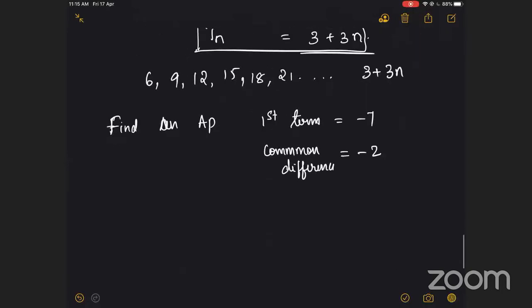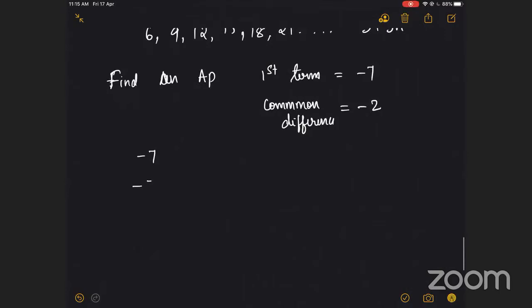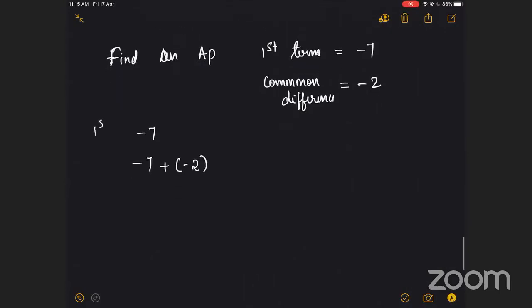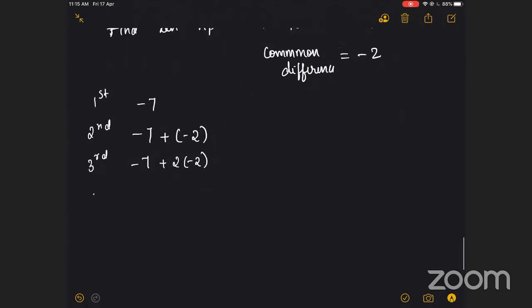So can we find the AP now? So what is the AP we should do? Like -7 plus -2. So this is the first term. This is the second term. So the third term is -7 plus 2 times -2, and so on.